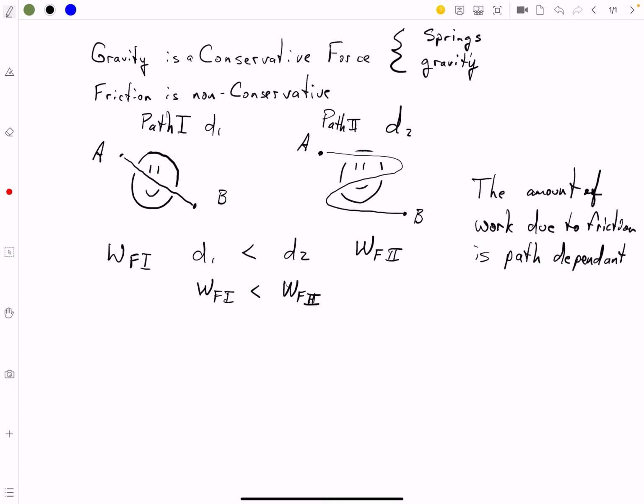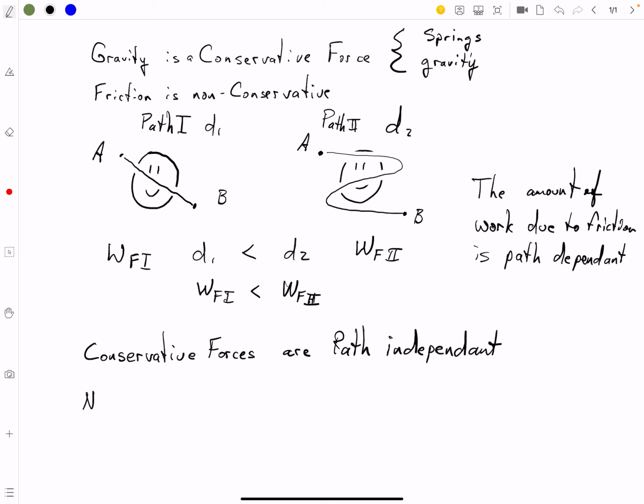So, what does that mean? Conservative forces are path independent. I think it's supposed to be an E. A or E, you guys can kill me about that later.